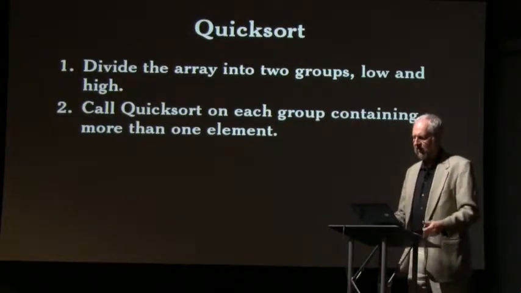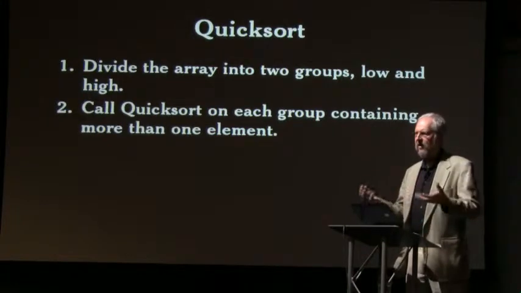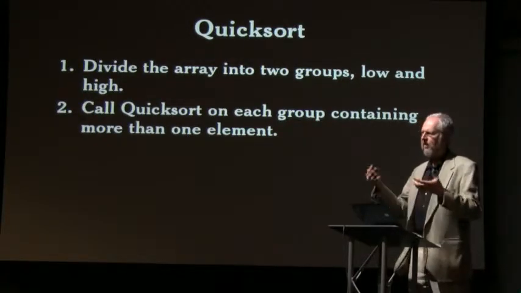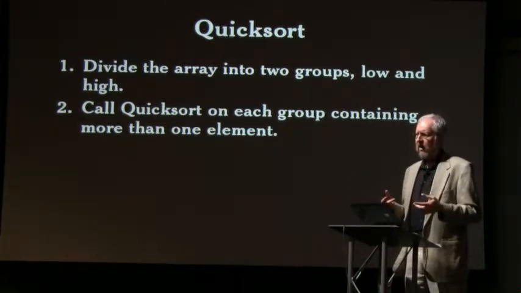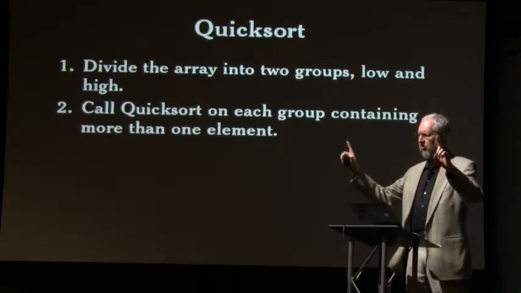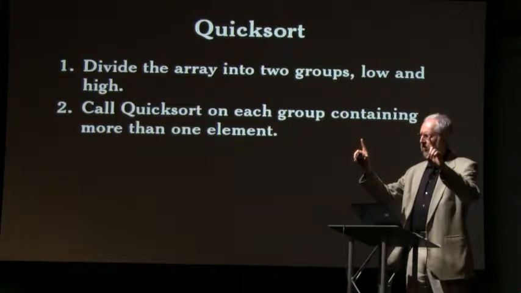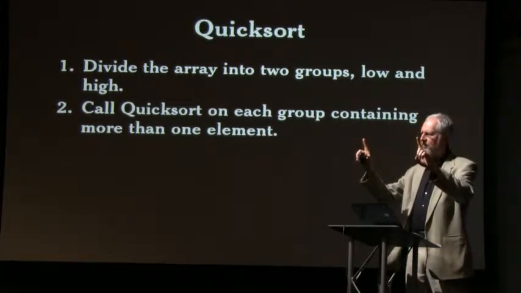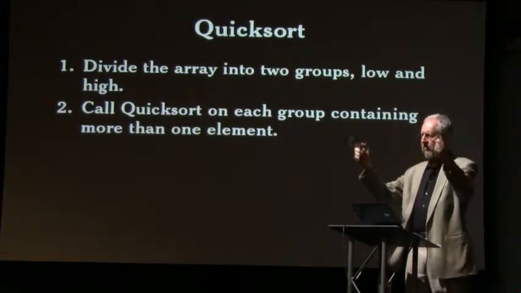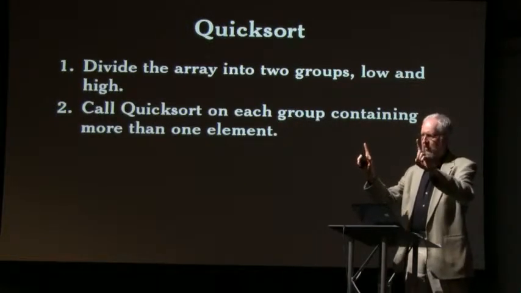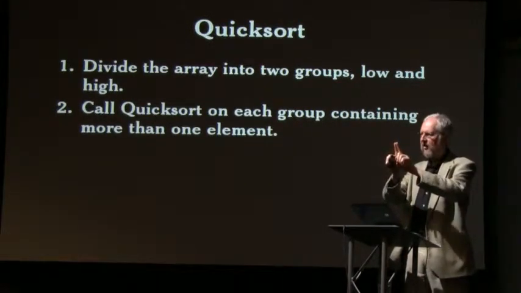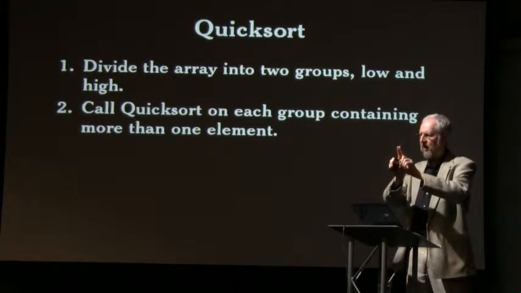The first is you divide an array into two groups, all the big values and all the small values. And one way you could do that is you could have two pointers that are going through the array, and one starts on the small end and one starts on the big end, and when either finds something that's in the wrong group, they swap them, and then continue scanning in until they meet. And when they meet, you're done.